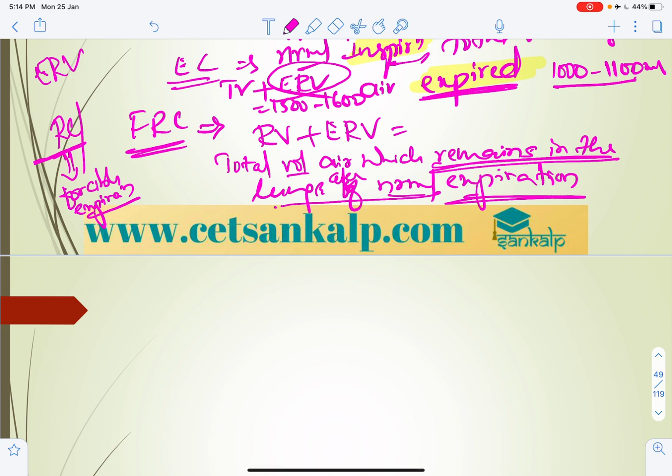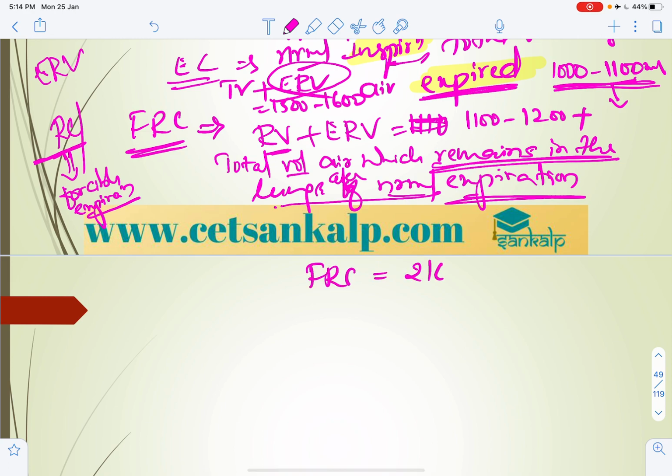RV, the residual volume, we know is 1100 to 1200 ml. Plus ERV, which is also around 1100. If you calculate that, we get FRC as something around 2100 to 2300 ml.